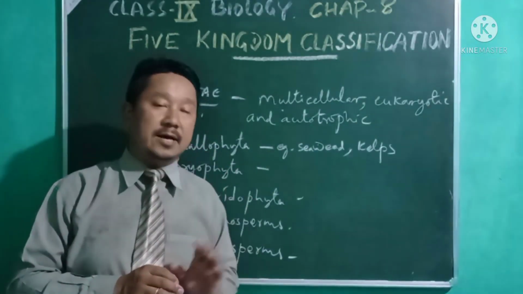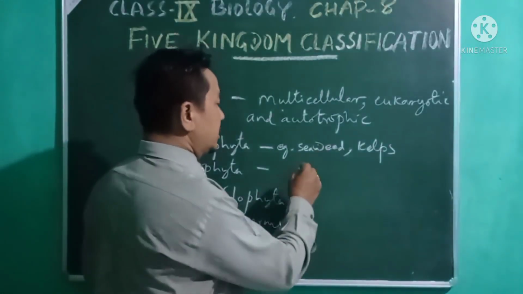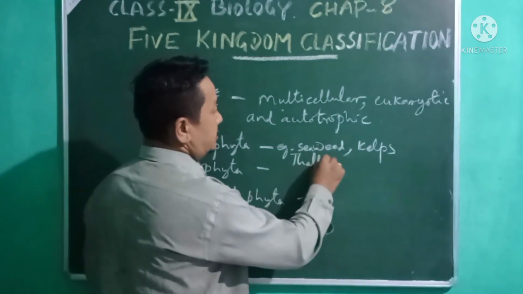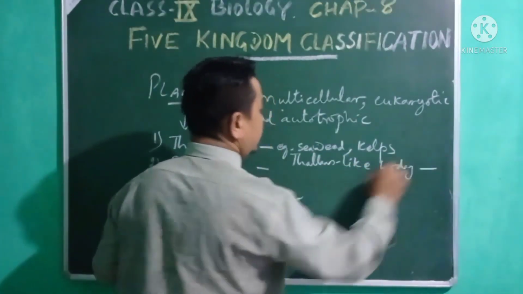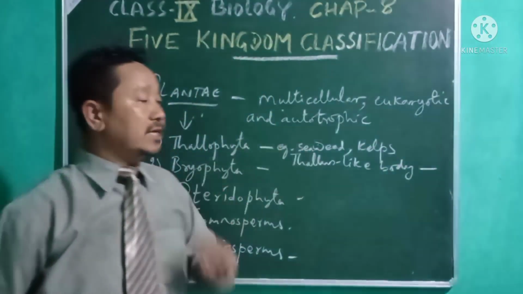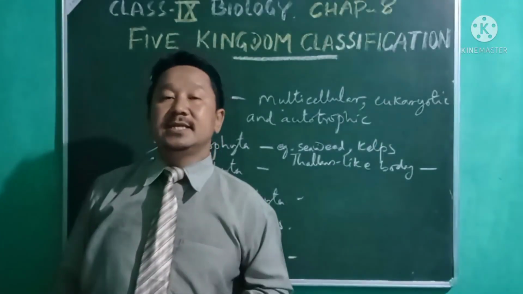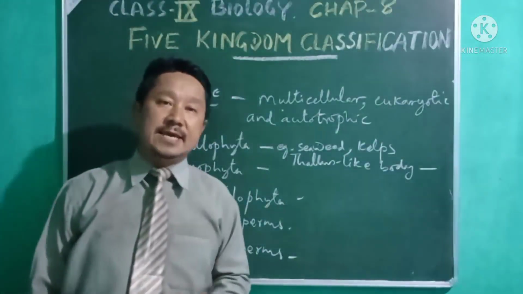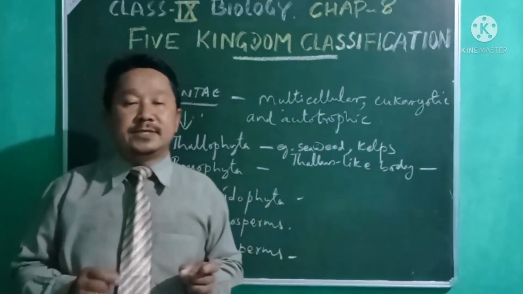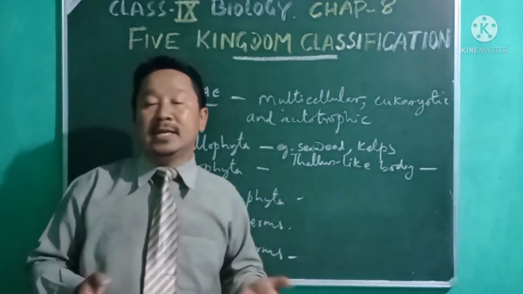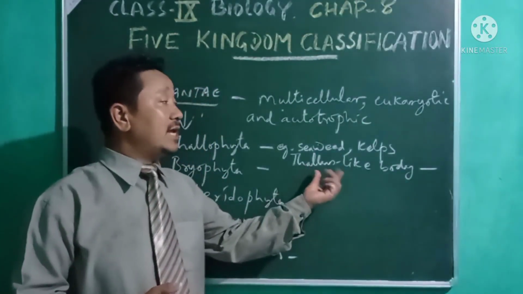They have a thallus-like body, T-H-A-L-L-U-S, which means the body cannot be differentiated into root, stem and leaves. A single body is there with no differentiation of root, stem and leaves. That kind of body is called a thallus-like body.